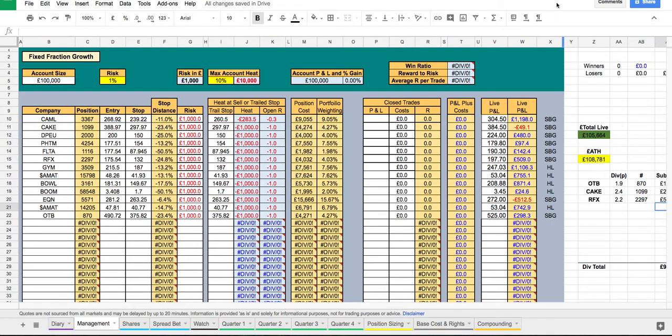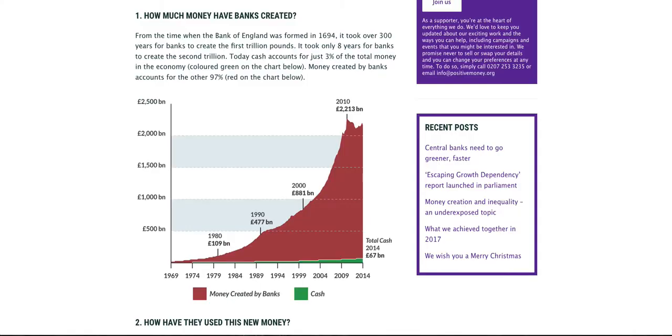Now, money. Every year since 1969, we've created more and more money. Anytime we run out of money, we'll simply tap some digits into a computer and print some more money. So money isn't the problem, is it?